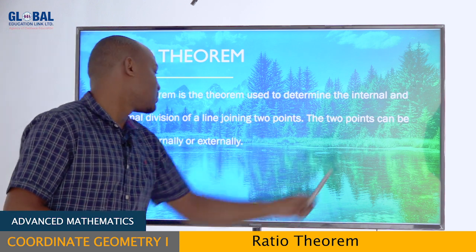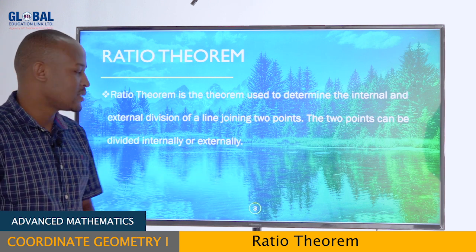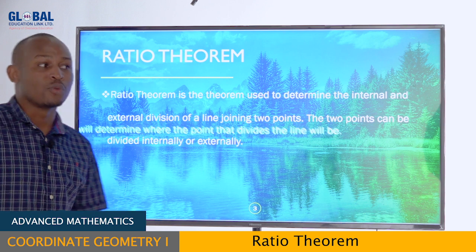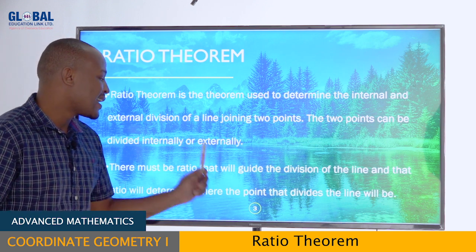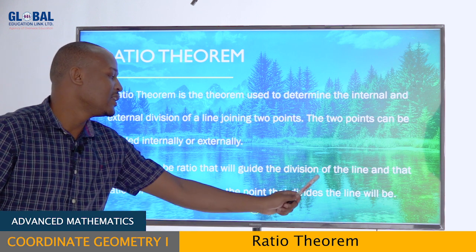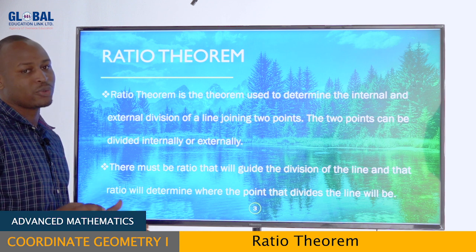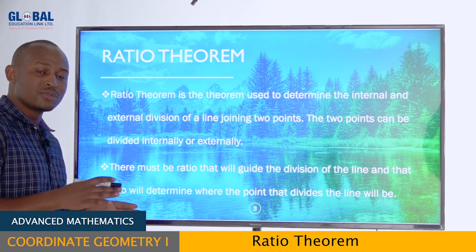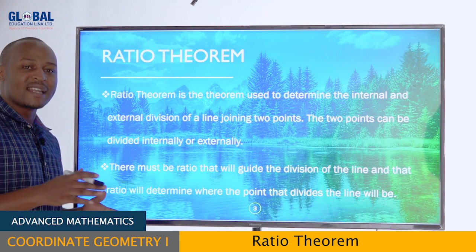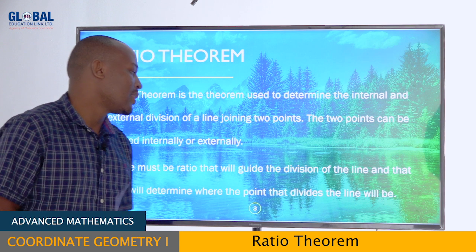So there are 2 points that can divide, let's say, internally and externally, and we shall try to observe that. And then we say there must be a ratio that will guide the division of a line. That means there must be a certain kind of ratio that will guide the division to be either equal or at a certain ratio. So we shall see how that ratio works.